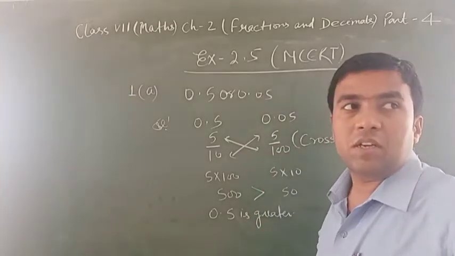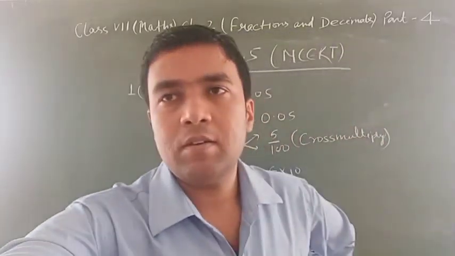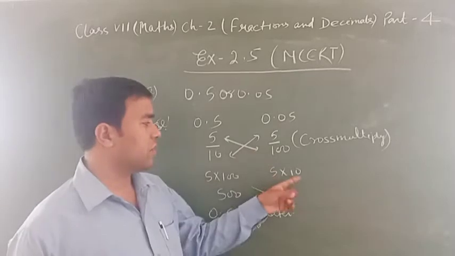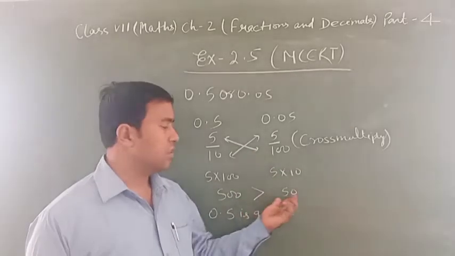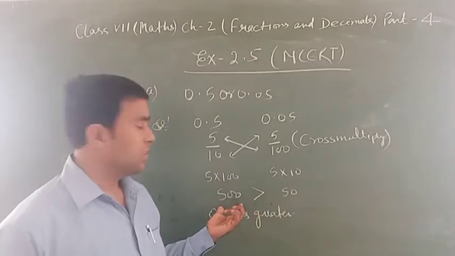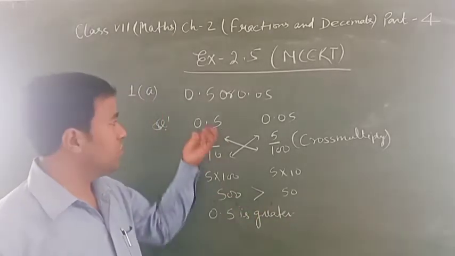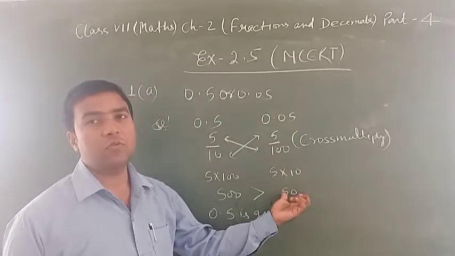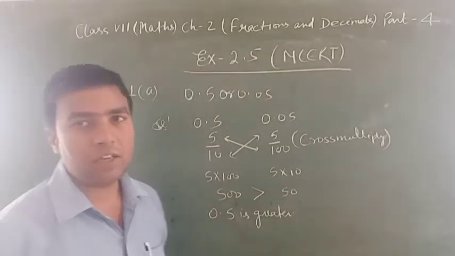After that, cross multiply: 5 into 100, 5 into 10. 500 is greater than 50. 500 is the value of 0.5, 50 is the value of 0.05, so 0.5 is greater. Clear?